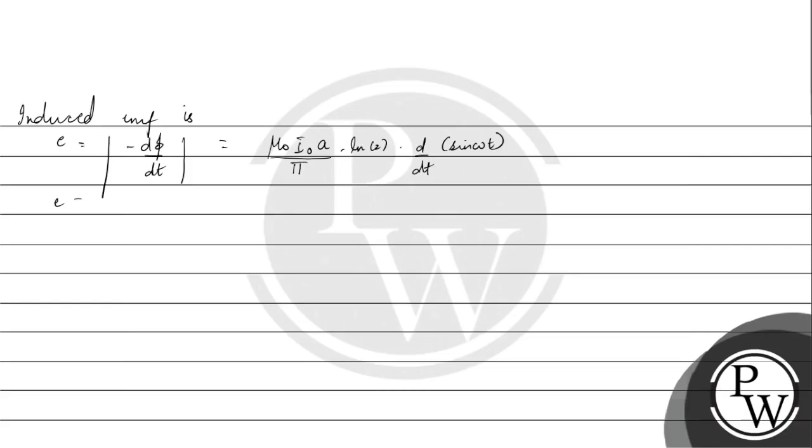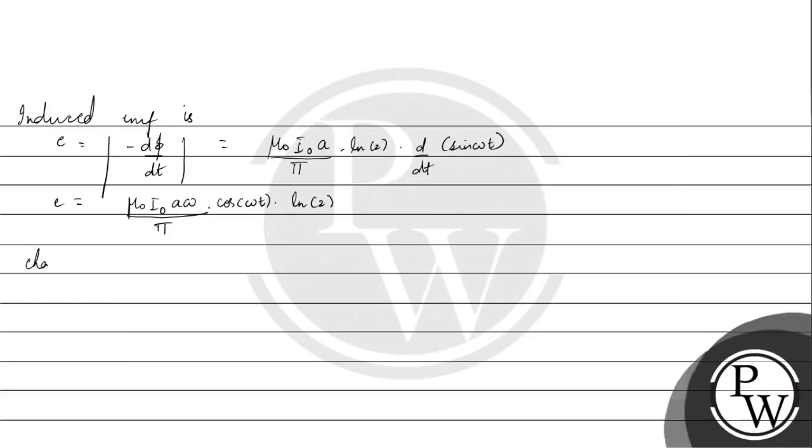So we get the induced EMF as mu naught I0 a omega by pi into cos omega t into ln 2.